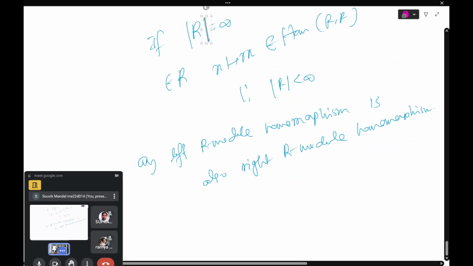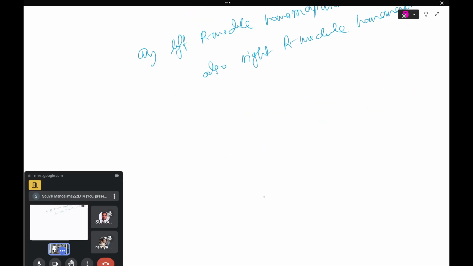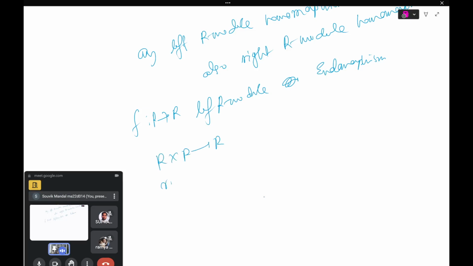Suppose f from R to R is a left R module endomorphism. And what is the right R module structure? R cross R to R. It is given obviously that r1 r2 is equal to r1 r2.